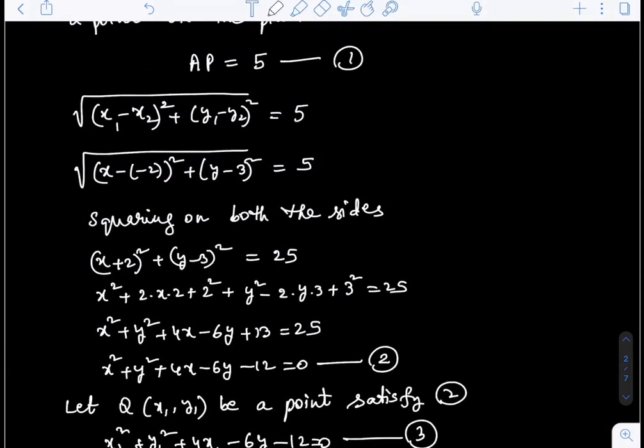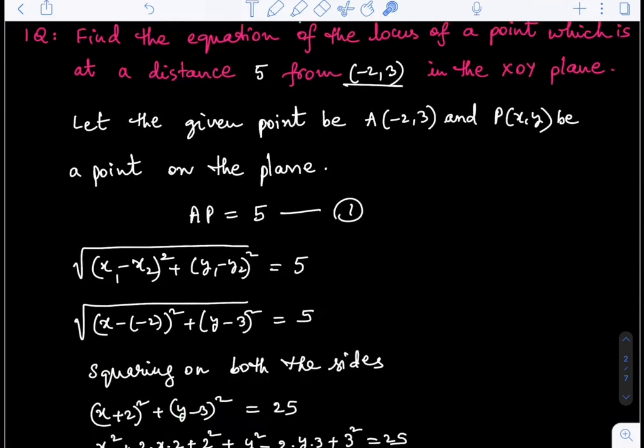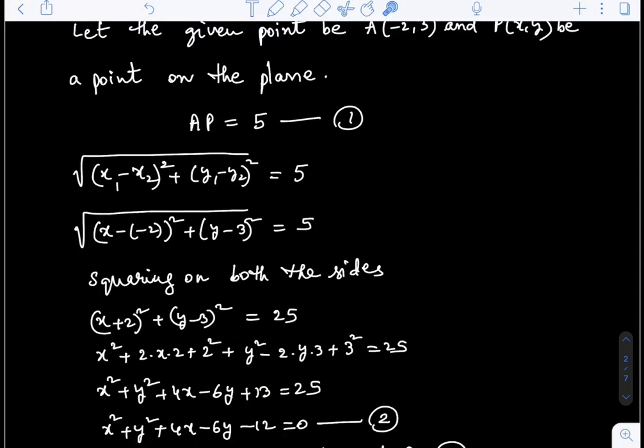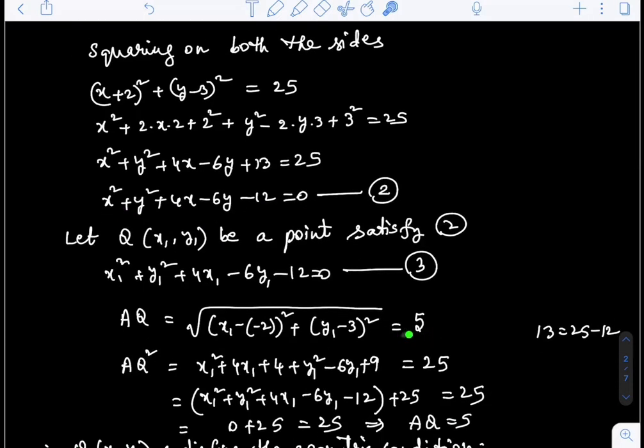Children, don't get confused. Take the given point, assume it as A here, and the distance is 5, given, no? So P is a point on the plane. So AP is a distance of 5 units here. The distance formula is applied so that we get an equation. After getting the equation, we assume there is one more point, which is Q. It satisfies this given equation, with the same distance of 5 units.